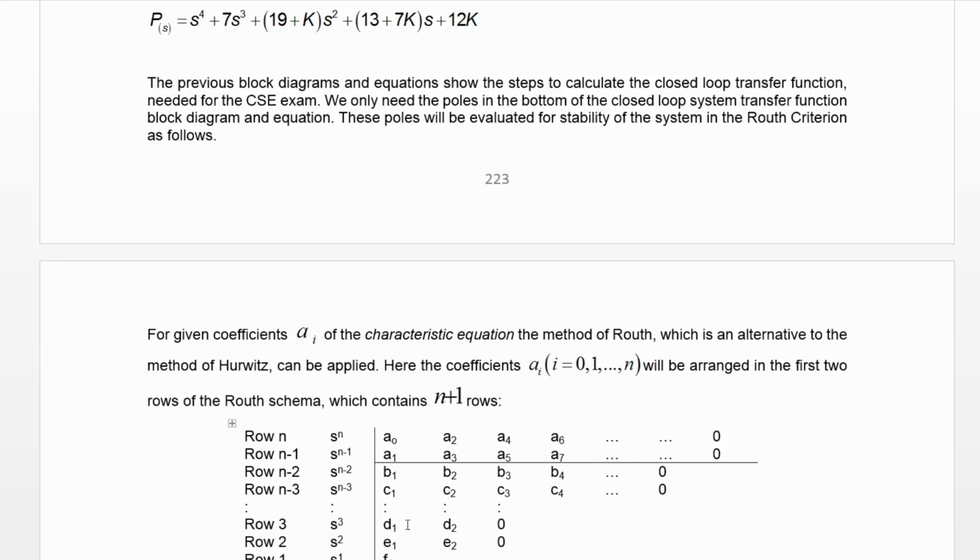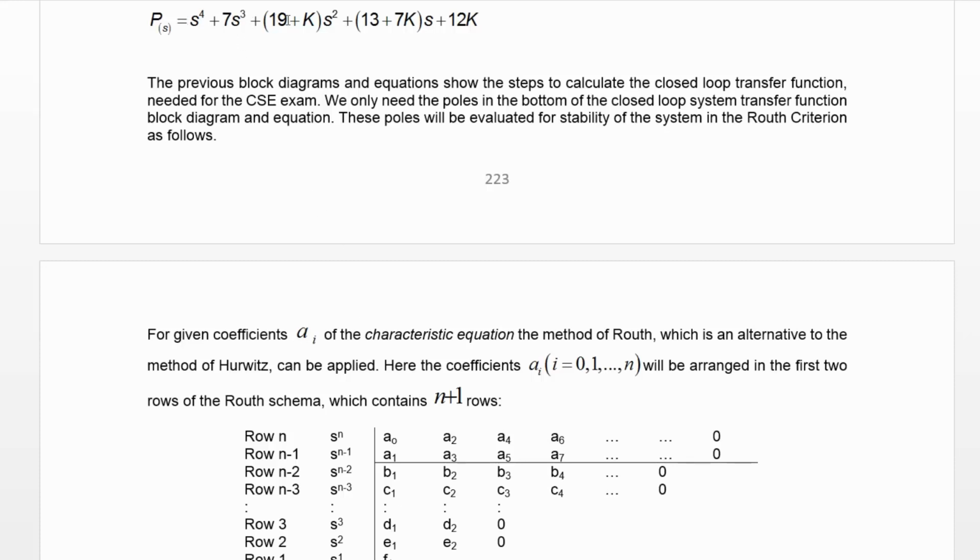That means we have 4 spaces over here for s to the fourth. And what you do is you put in the coefficient of s, and this here has a value of 1. So you'd put in 1.